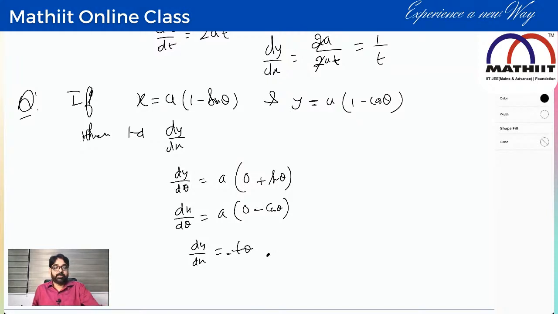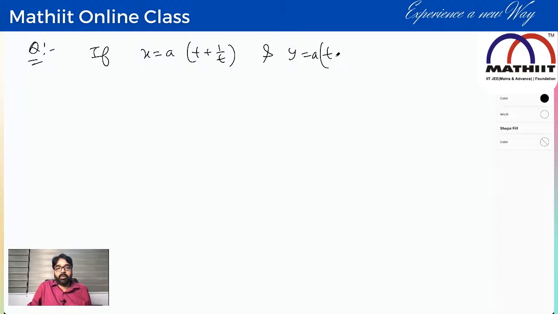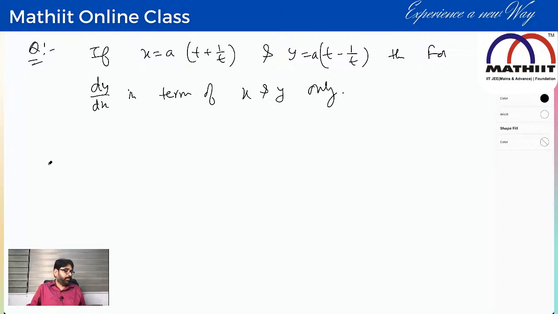Next question. So many questions I cannot do. Time is limited. And this question all of you have to do. If x equal to a into t plus 1 by t and y equal to a into t minus 1 by t, then find dy by dx in terms of x and y only. I hope you understood the question. You have to find dy by dx in terms of x and y only.